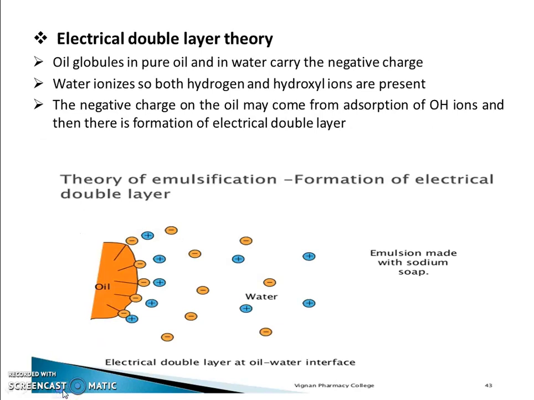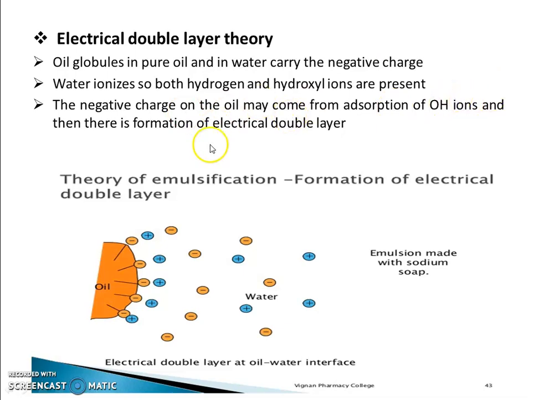The last theory is the electrical double layer theory. Electrical double layer means there is a formation of a double layer around the droplets due to the adsorption of charges. An electrical double layer consists of two layers, a diffuse layer and a tightly bound layer. When oil globules in pure water carry a negative charge, as the water ionizes into hydrogen as well as hydroxyl ions, the oil adsorbs the negative charge due to the adsorption of OH minus ions of the water.